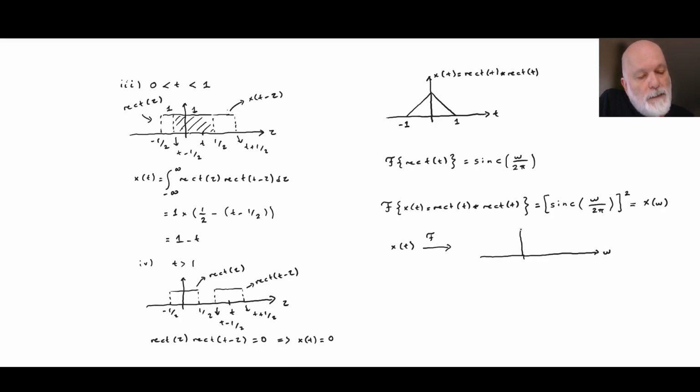The Fourier transform of x of t, in other words, x of omega, will have the main lobe, and then it will have the side lobes, but the side lobes will all be positive valued. Okay? And the side lobes will continue for both positive values of omega and negative values of omega.